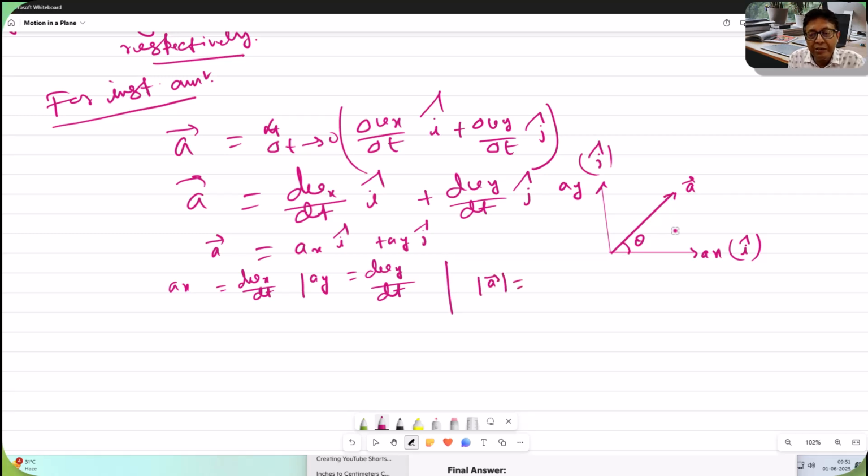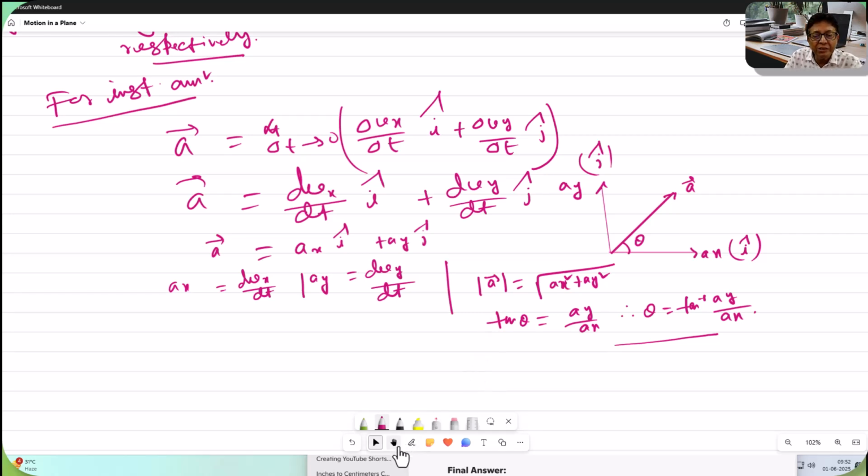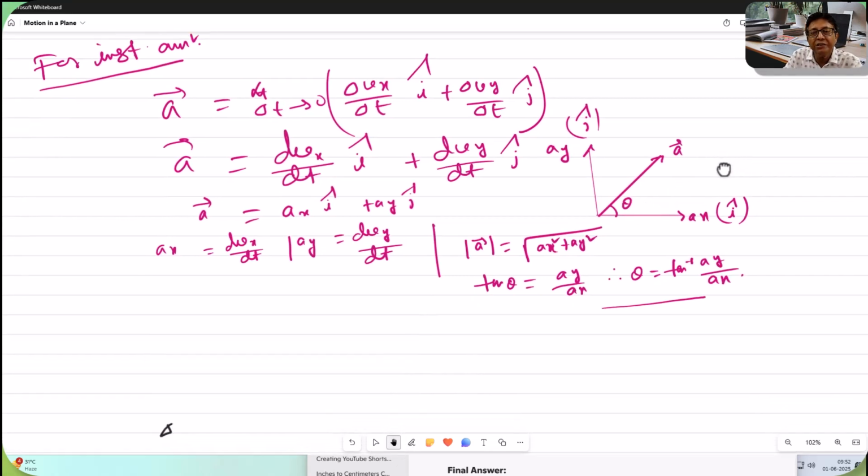As we know the rectangular components, it will be root of ax square plus ay square, and tan theta will be what? ay by ax, so theta will be tan inverse ay by ax. Okay, definitely you can get the value of acceleration and its direction by this method.